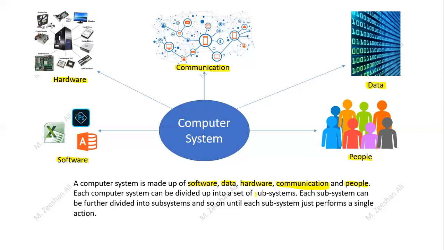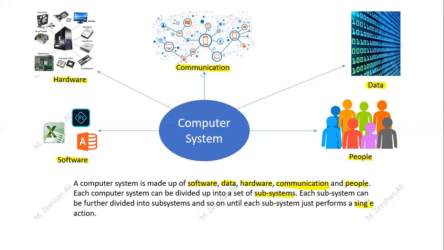Means in a computer system, maybe there are several subsystems. And each subsystem can be further divided into subsystems, and so on until each subsystem just performs a single action.